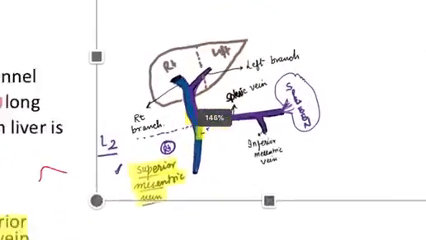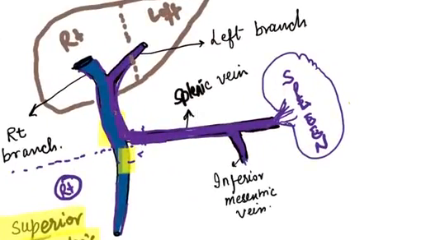Let me make this diagram a little static. So, for example, if we talk about thrombosis, it means there is a certain obstruction to the flow.